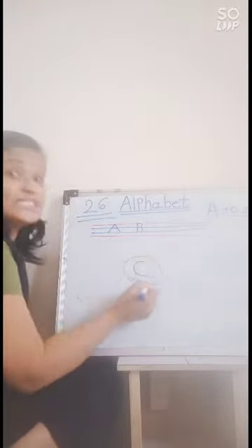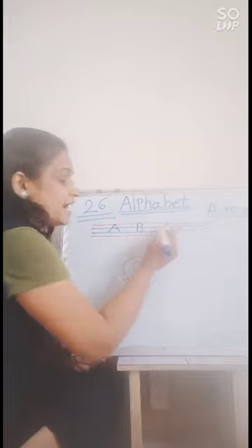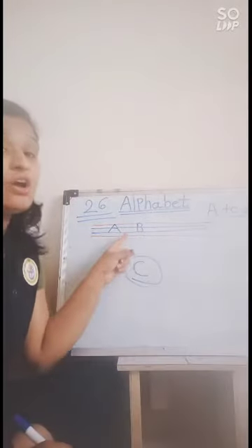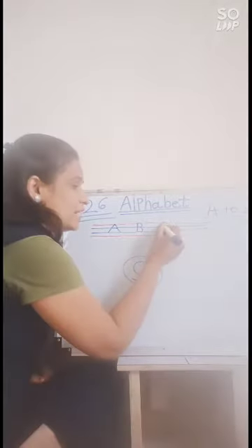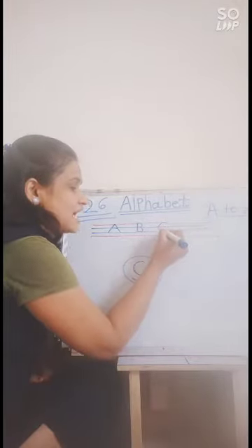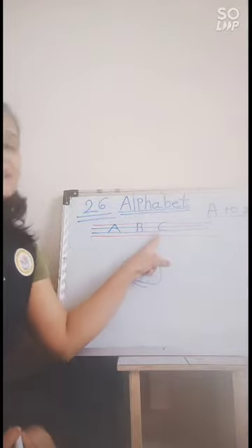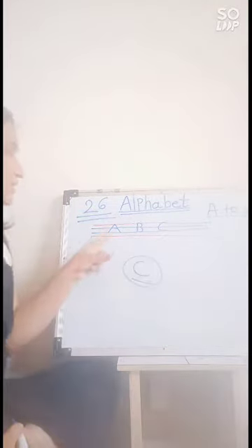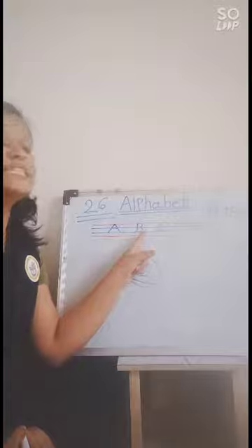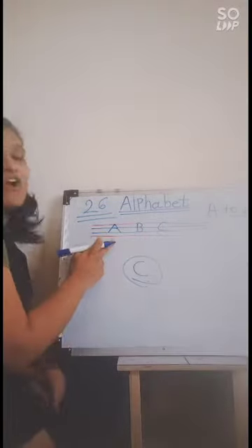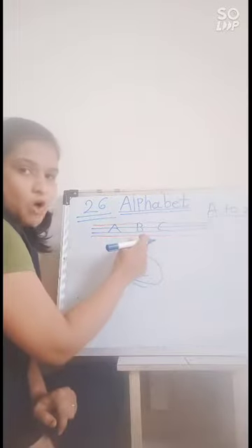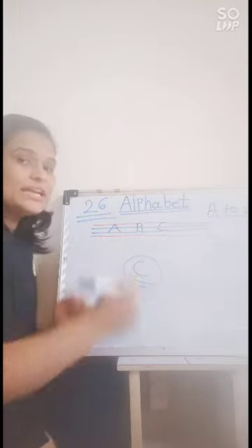That is called C. And in the 4-line notebook, C is written only in the upper 3 lines, a half circle. So this is A, this is B, and this is C. A for apple, B for ball, and C for cat.